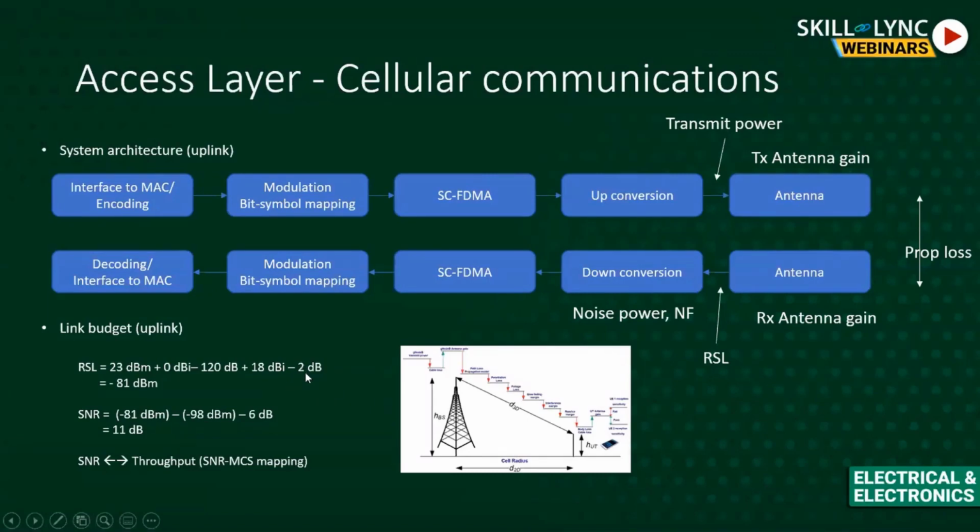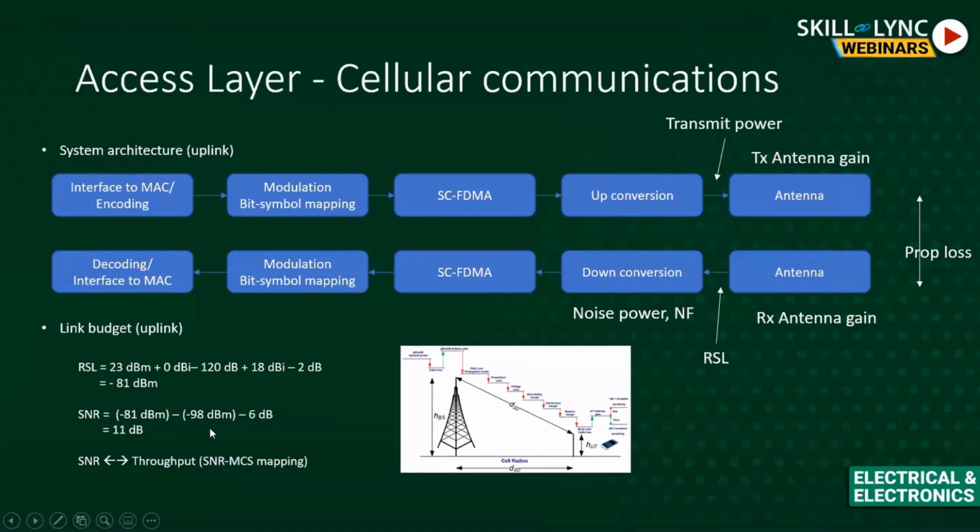And then some additional 2 dB losses for connectors and all those non-idealities that happen in the base station and also on the cell phone. So ultimately you get to this power level of minus 81 dBm. You can always convert this into watts or milliwatts and look at it from that perspective as well. And now it's easy to calculate the signal to noise ratio.